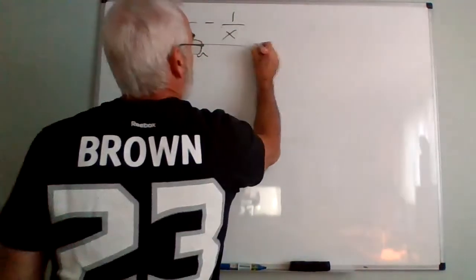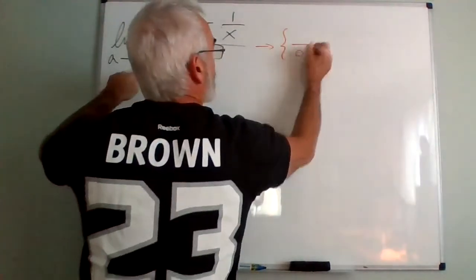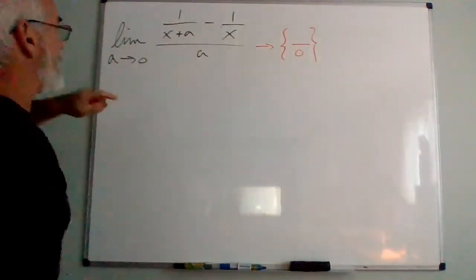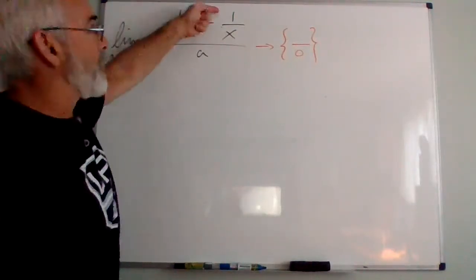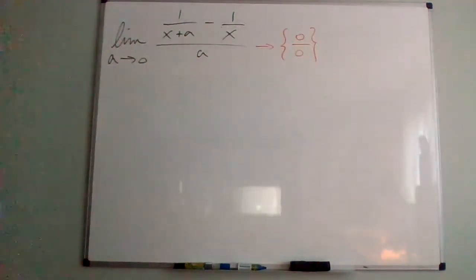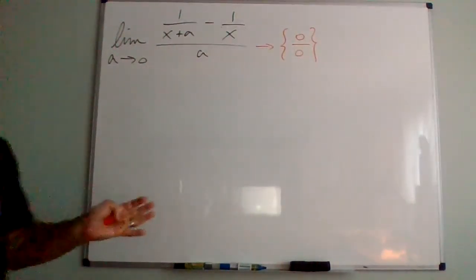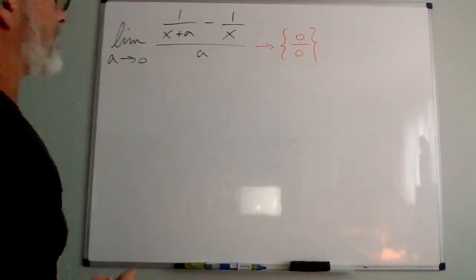This one's not as obvious. In this case, clearly my denominator is approaching 0, which obviously is a problem. And as a approaches 0, my numerator approaches 1 over x minus 1 over x, which is also 0. So this is the indeterminate form 0 over 0, which means ultimately I should be able to factor and cancel, except that numerator does not look very friendly.